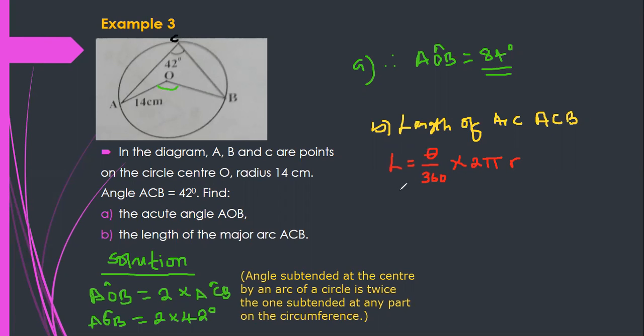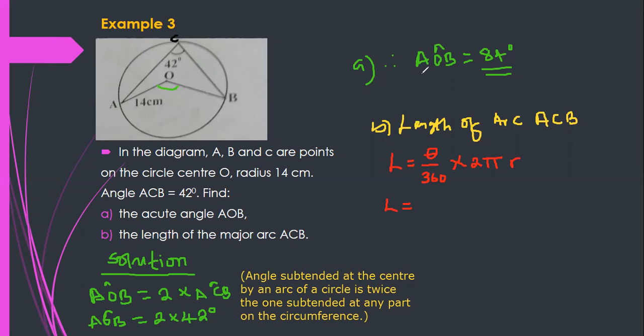So we substitute now. Our L is, what's our theta at the center? What angle do we have at the center? So the angle at the center here, this angle here, is like a reflex angle or angle at a point.